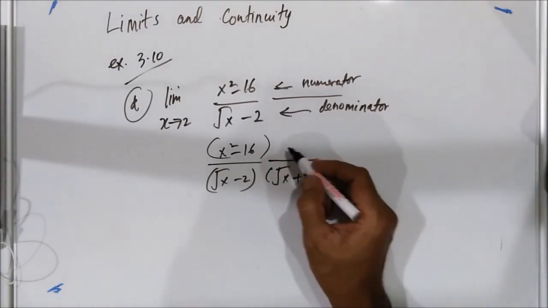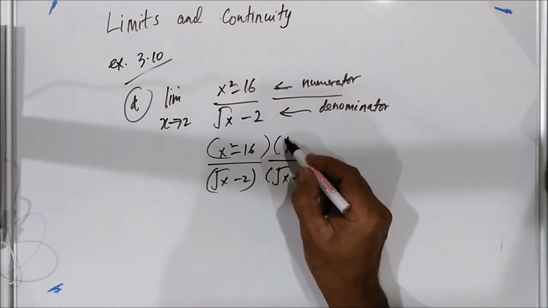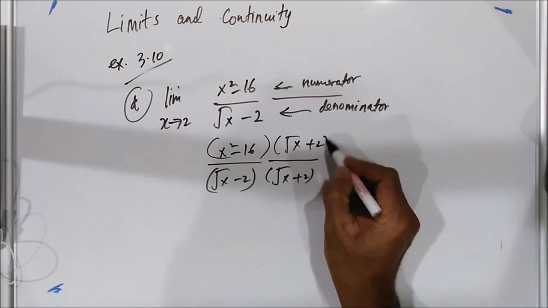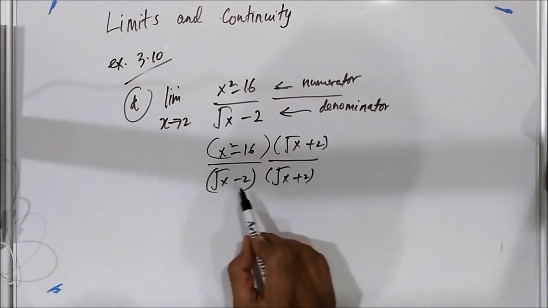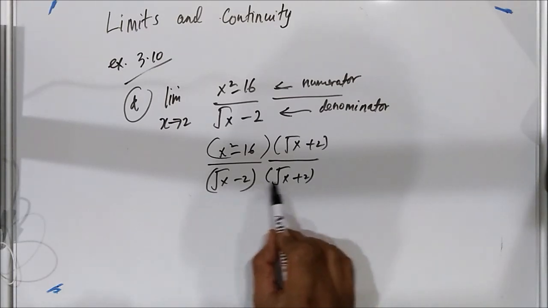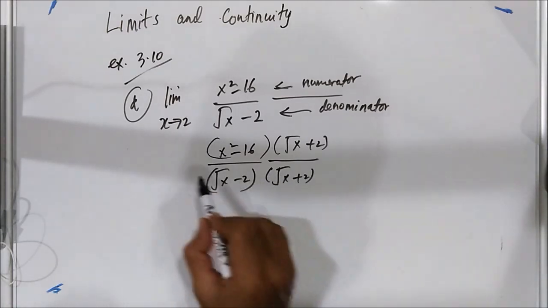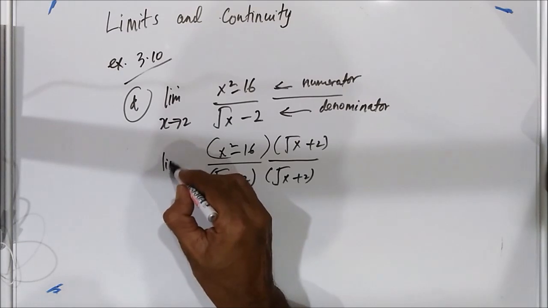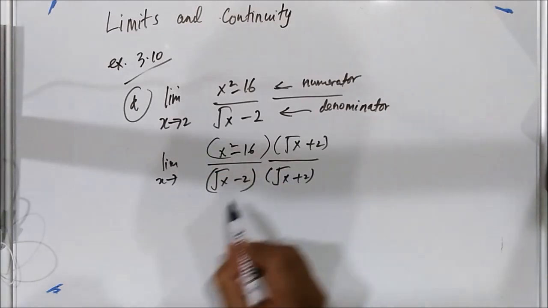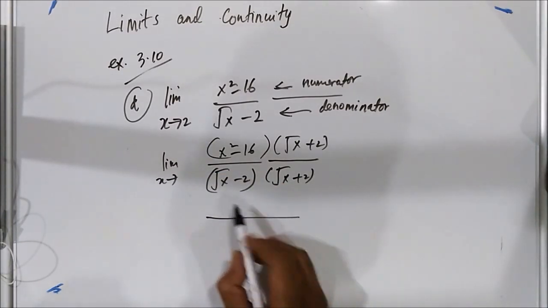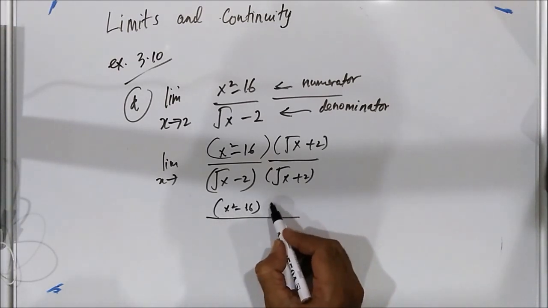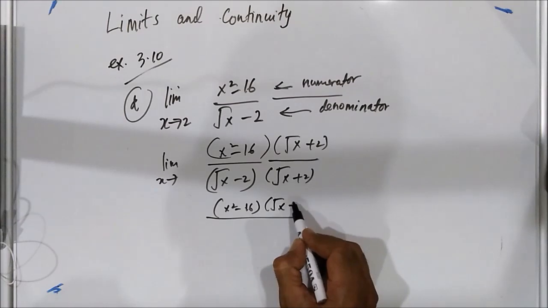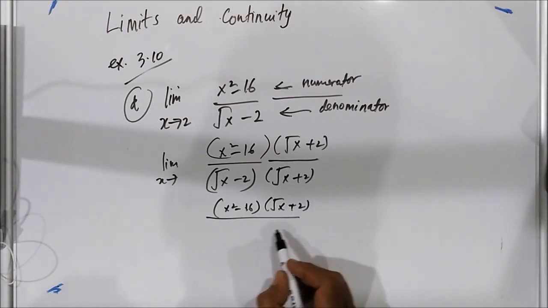Then the top one I also have to multiply by square root of x plus 2. If you multiply this, you can get away from the square root here. So if you multiply the bottom, you get x squared minus 16, times the square root of x plus 2.